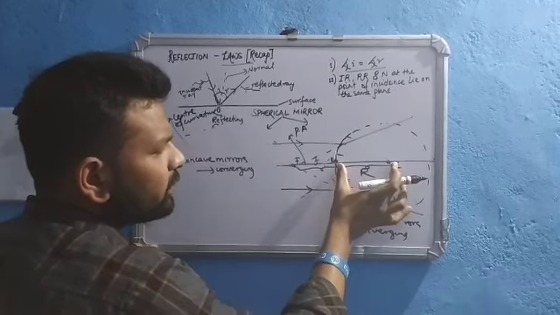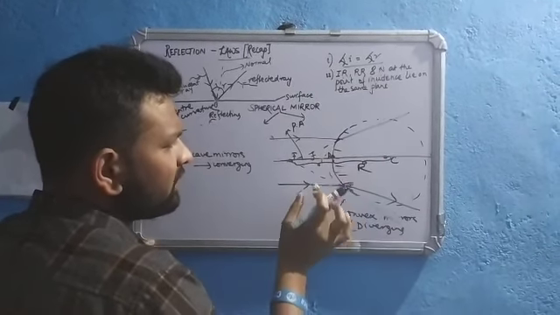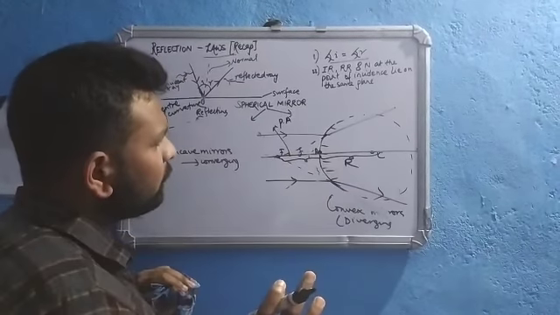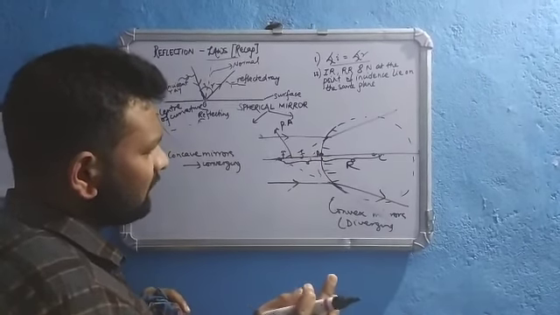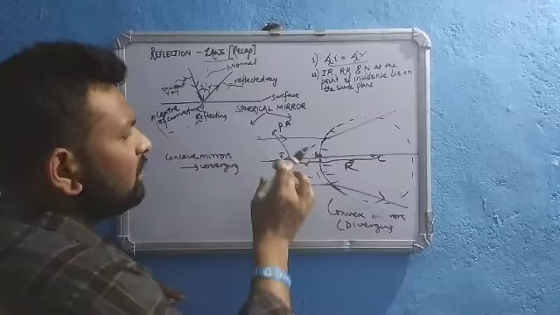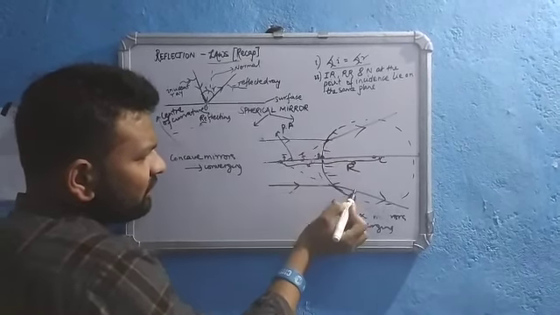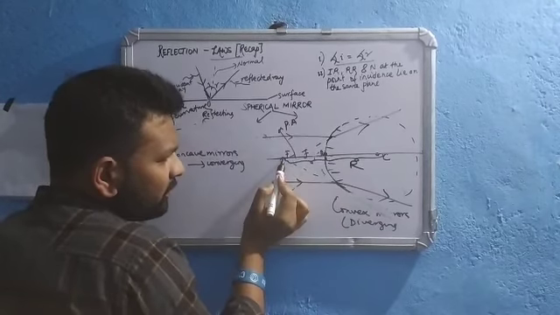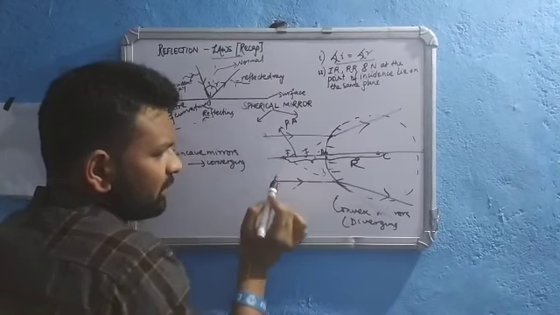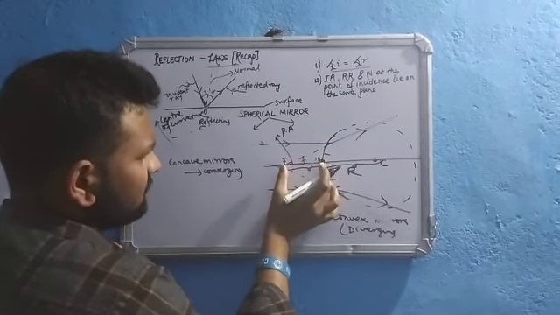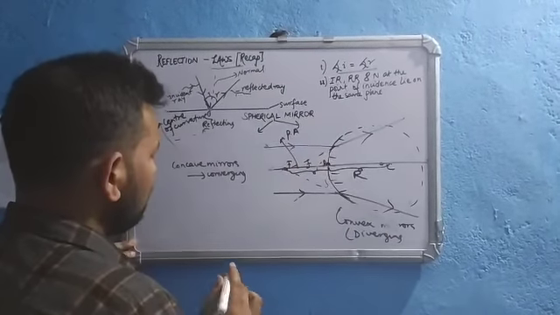The distance of the pole from the center of curvature is called the radius of curvature, and the distance of the pole from the focal point F, that is the point where the final light rays meet, or appear to meet. It appears as if the light rays are coming from this point, if you produce it backwards in this case. So this distance FP is called the focal length.